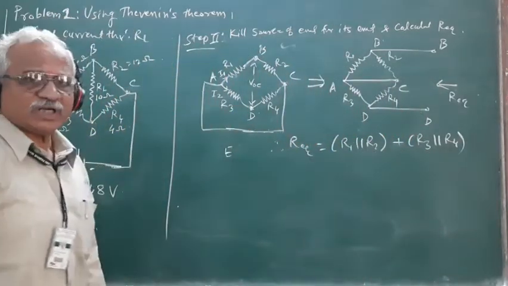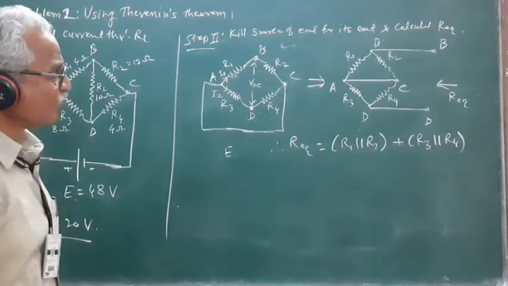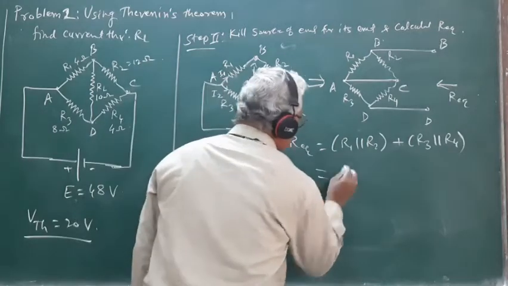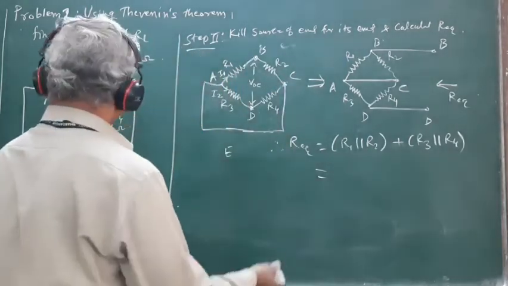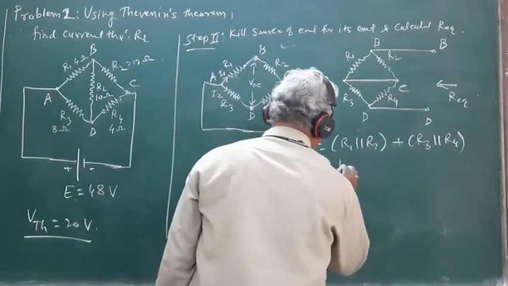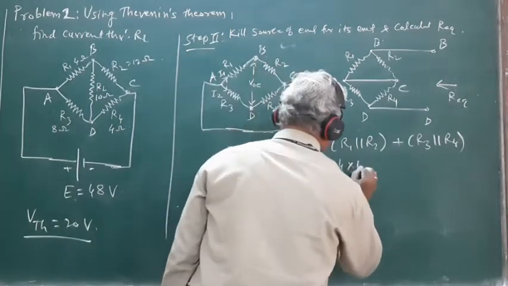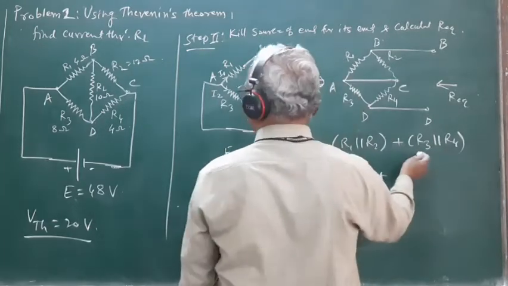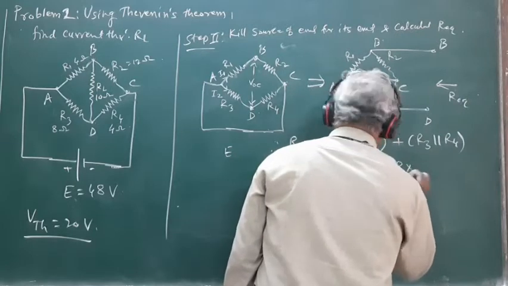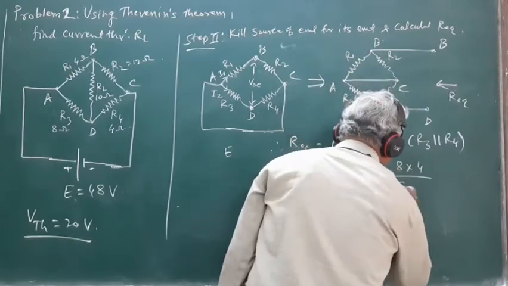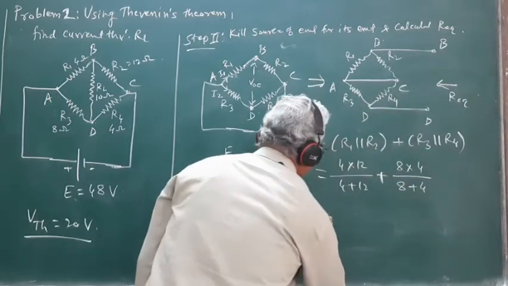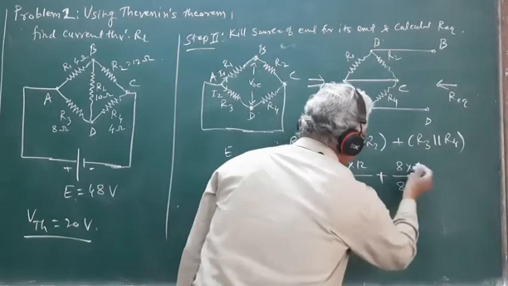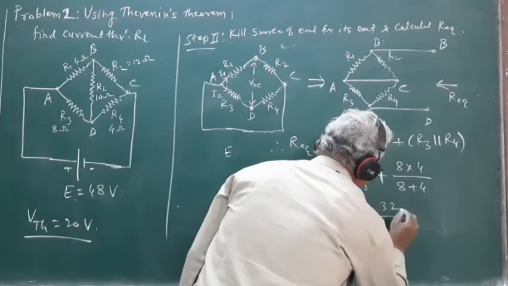This is the equivalent resistance of the given network when viewed backwards from the open terminals B and D. Using the values, R1 is 4 ohm, R2 is 12 ohm, divided by 4 plus 12, plus R3 is 8 ohm, R4 is 4 ohm, divided by 8 plus 4. So this works out to be 48 divided by 16 plus 32 divided by 12.